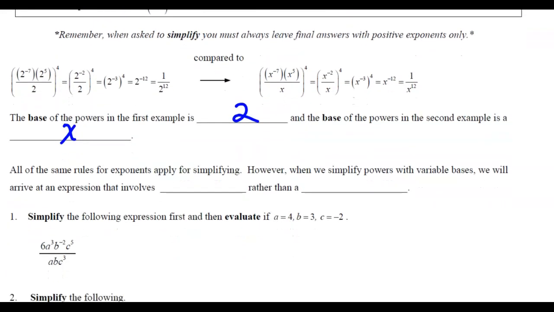All of the same rules for exponents apply for simplifying. However, when we simplify powers with variable bases, we will arrive at an expression that involves variables, in this case x, rather than a number. I'll put the word variables, because it could be more than one.